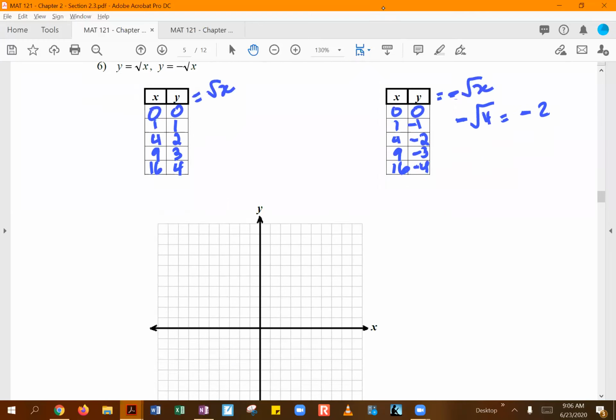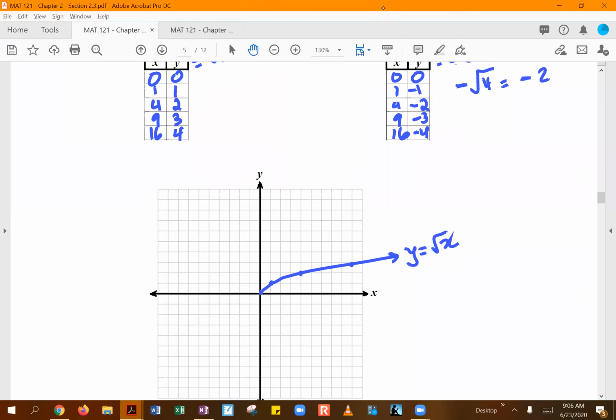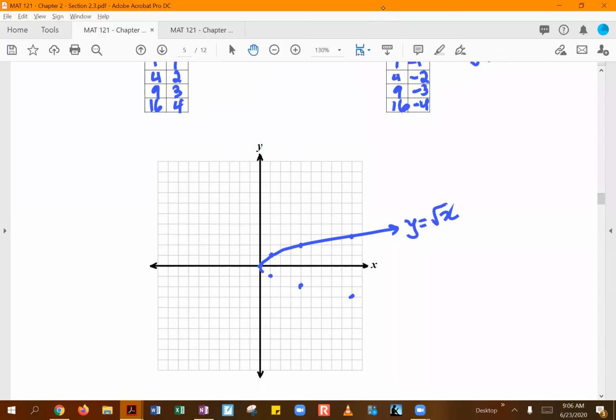So when we graph this, you're going to have (0, 0), (1, 1), (4, 2), and (9, 3). This is our original function, y equals square root of x. And then when we graph the reflection, you're still starting at (0, 0), but now you are going down to (1, -1), (4, -2), and (9, -3).